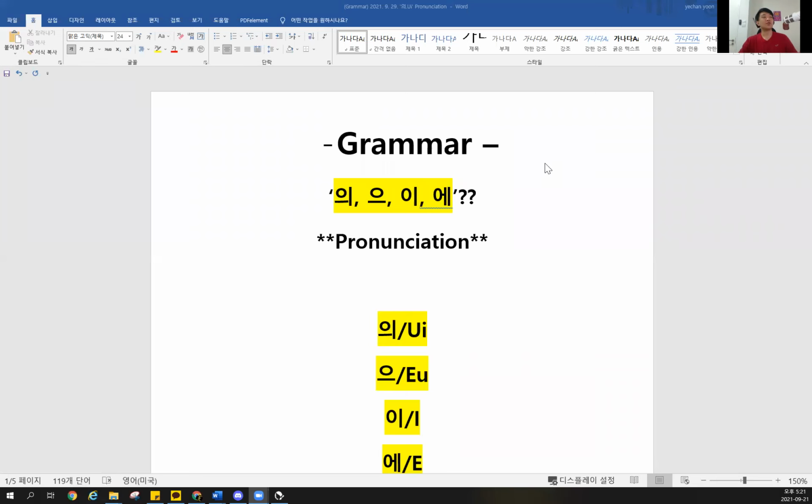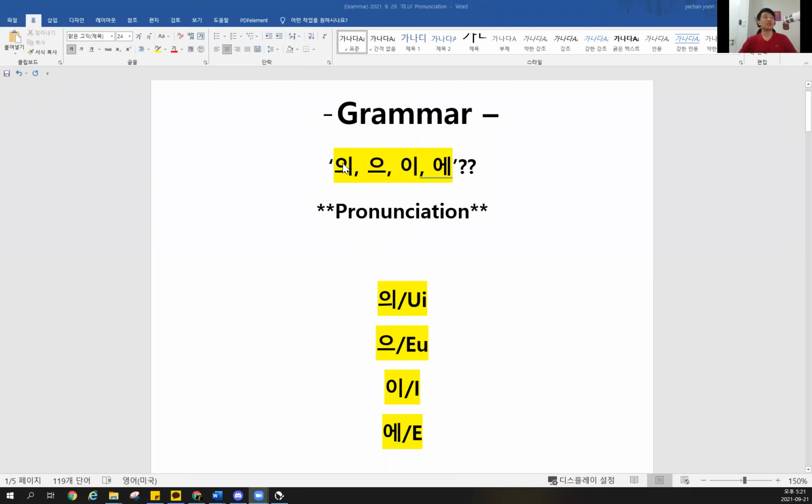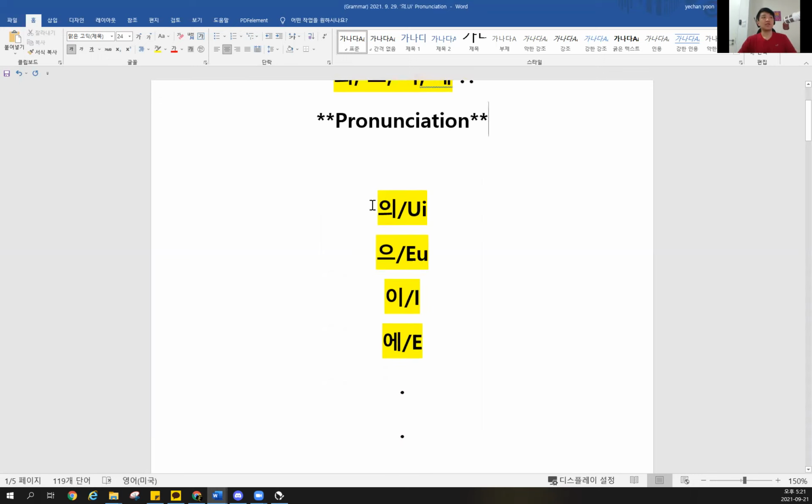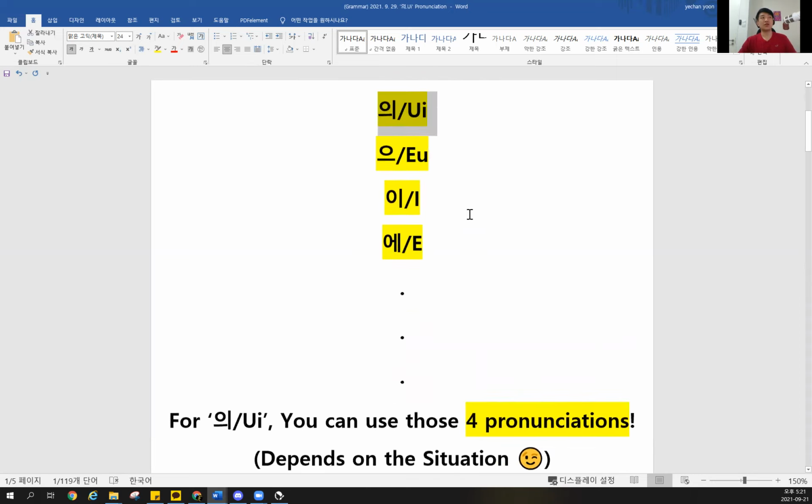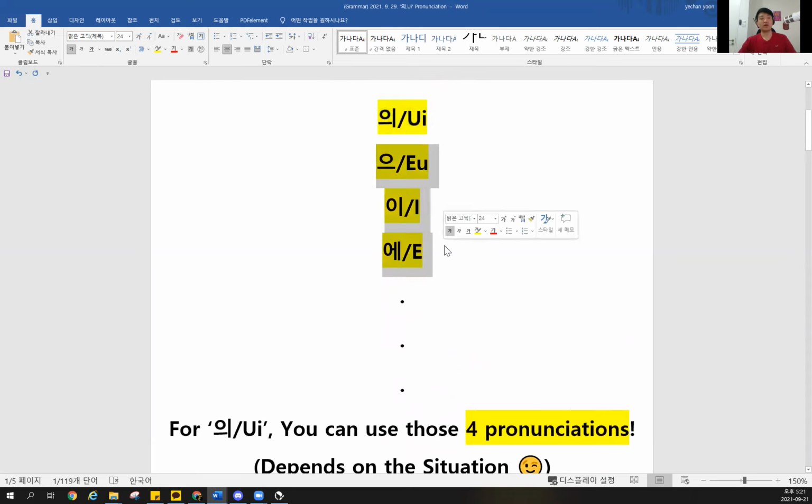All right, so we're going to learn about the grammar with the 의. The reason that I put all those other sounds here is because this letter, 의, can be pronounced with these sounds as well.